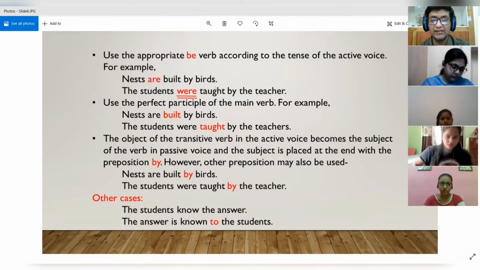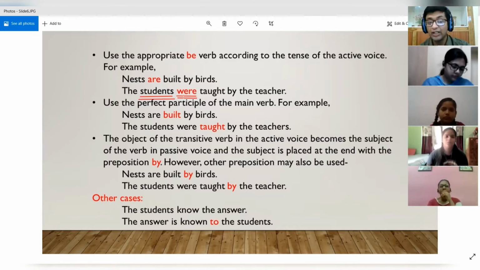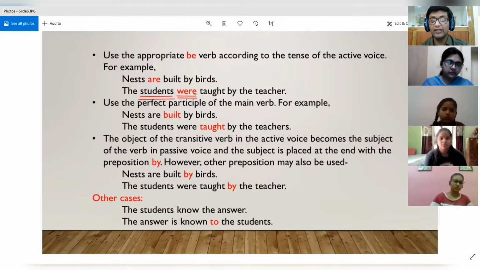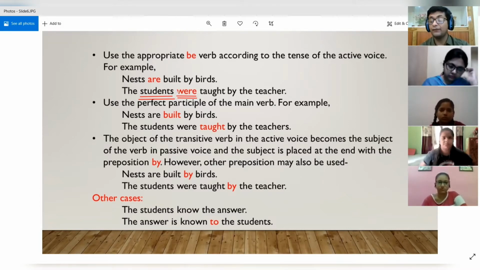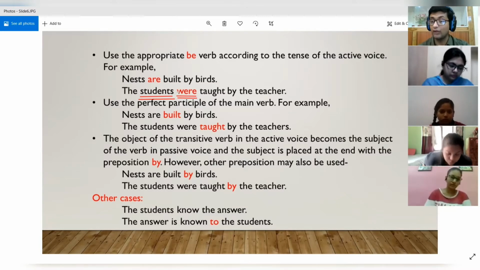Because the sentence is in the past tense, and the subject of this sentence, the students, is in the plural form, that is why we are using were over here. If it was just a student or a child, anything singular, then we would have used was instead of were. Are you understanding? So these are the first two rules that we have to follow. What is the first rule? First rule is we have to change the position of the subject and the object in the passive voice.